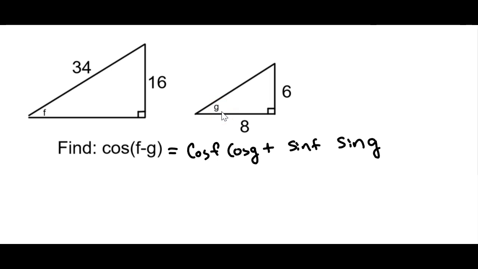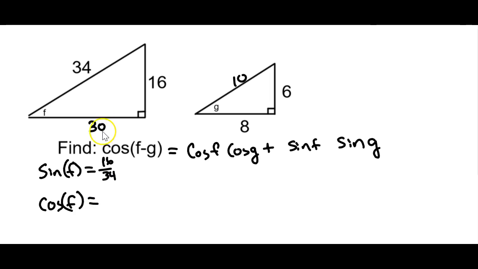So using the Pythagorean theorem, we get this here to be 30, and this right here is 10. And so if I find the sine of f, that's going to be opposite over hypotenuse, or 16 over 34. And then the cosine of f is going to be adjacent over hypotenuse, or 30 over 34.